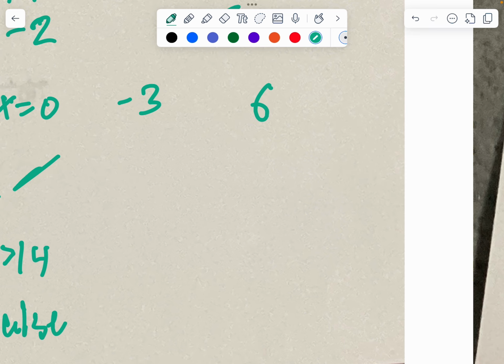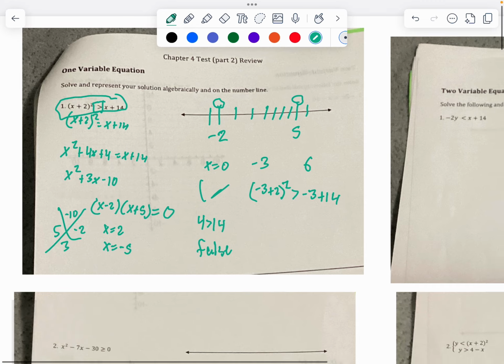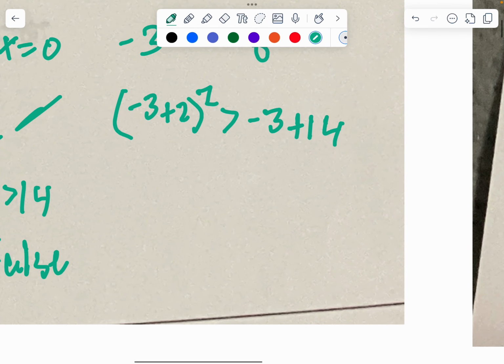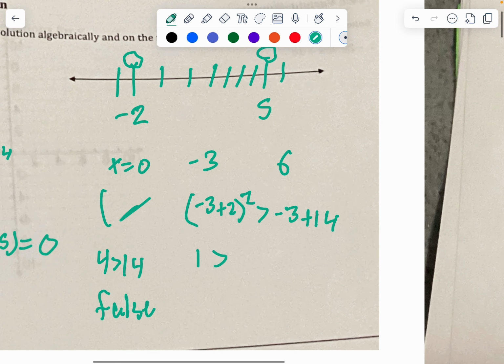Now I'm going to make some room. Alright, negative 3 plus 2 squared is greater than negative 3 plus 14. So this is negative 1 squared, which is 1, greater than... we'll pick a different negative number.